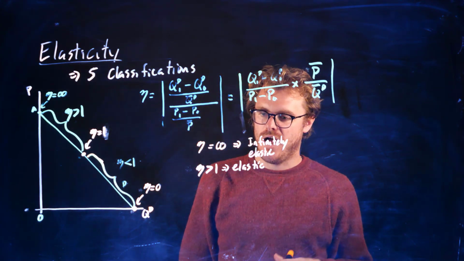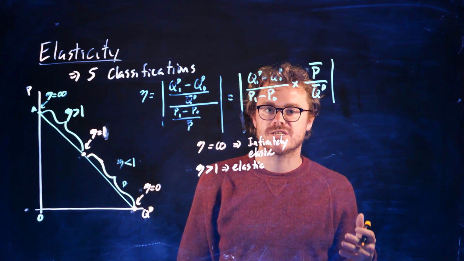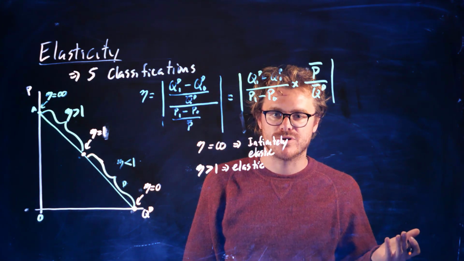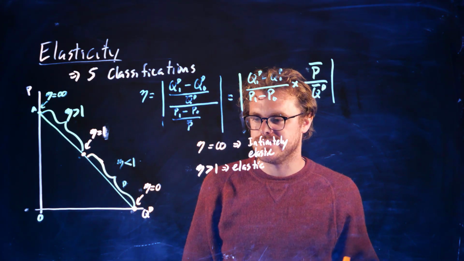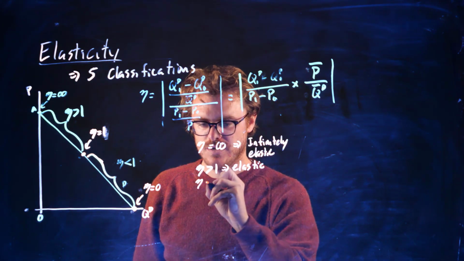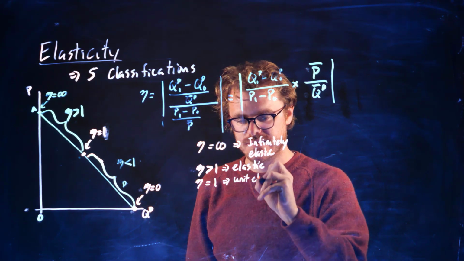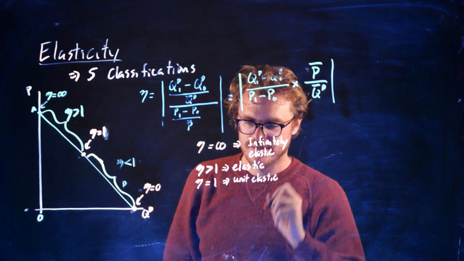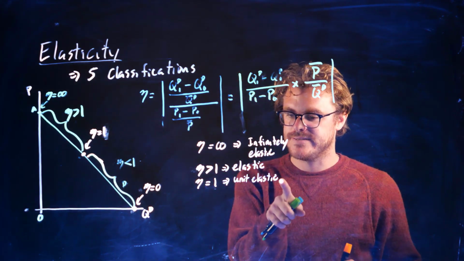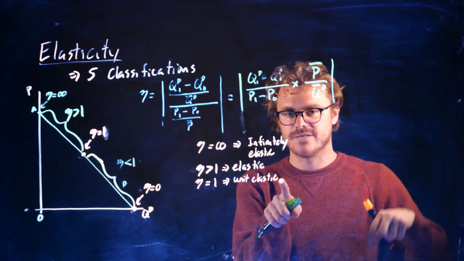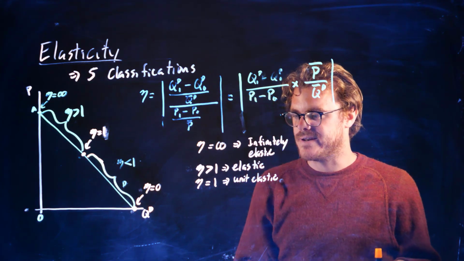So here, a 1% change in price causes a greater than 1% decrease in quantity demanded. When it equals 1, we're going to say it's unit elastic. So at this point, a 1% increase in price causes a 1% drop in quantity demanded.